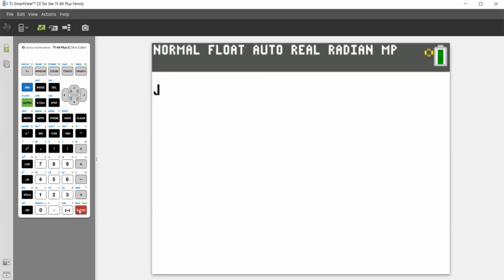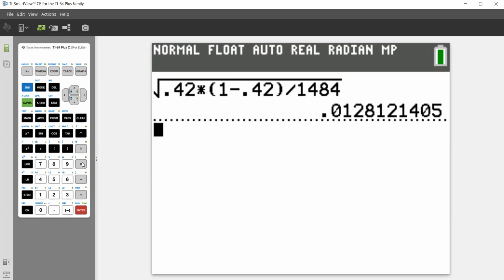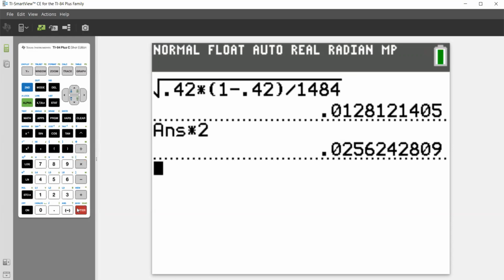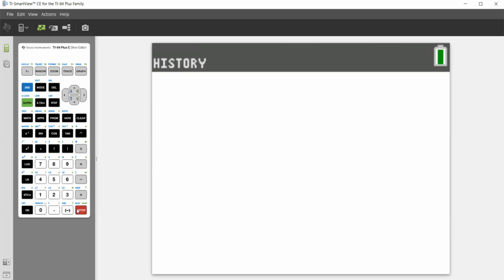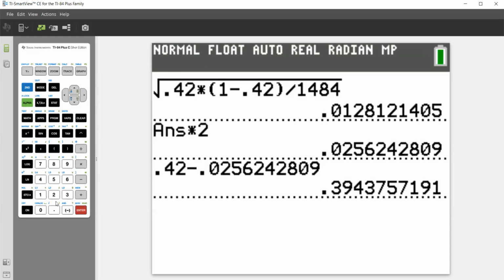Hit enter. Now we multiply this by 2. That's what we did before, if you remember. And then we took our 0.42 and subtracted that number that we just got. And then we took 0.42 and added the number that we just got.